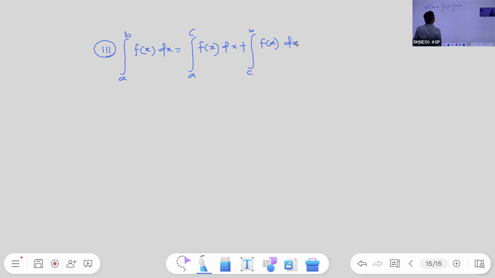Okay. Most of the students think that C must be in the interval A to B, but C can be anywhere. Suppose this is A, this is B. We can take C in between A and B, or we can take C outside of A and B. Okay. First of all, prove it.